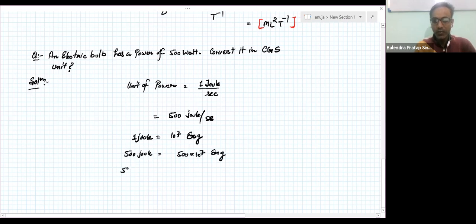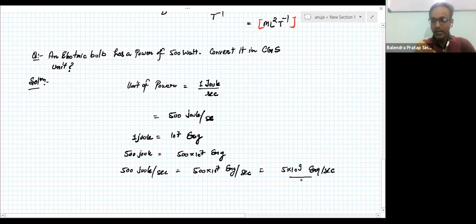So 500 joule per second is equal to 500 into 10 raised to the power 7 erg per second, that is basically 5 into 10 raised to the power 9 erg per second. This is the answer.